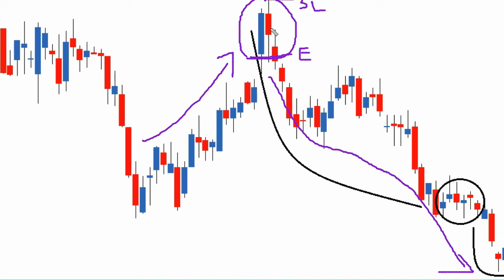So there is a very strong battle of buyers and sellers in this spinning top, but we can confirm who will win after checking the breaking of the high or low. So in this case, the low of the spinning top breaks. It means sellers have taken full control of the market and they are ready to give a strong bearish rally, as we can see in this chart.